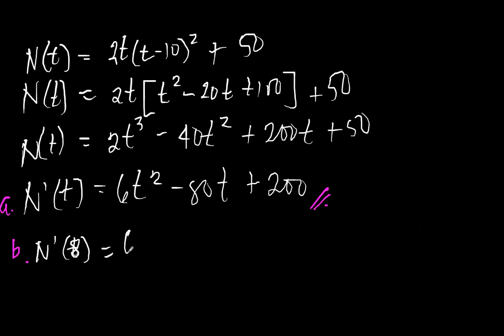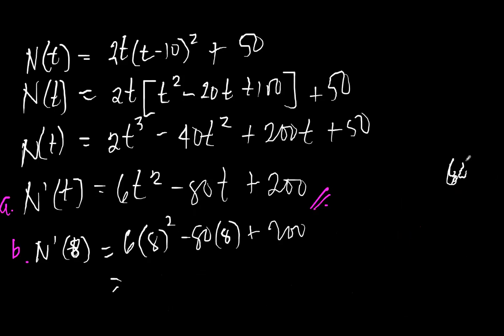So we have 6 times 8 squared minus 8 times 8 plus 200. 64 times 6, there we go. 384.